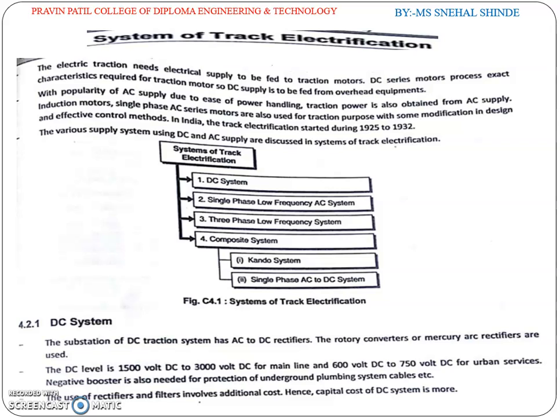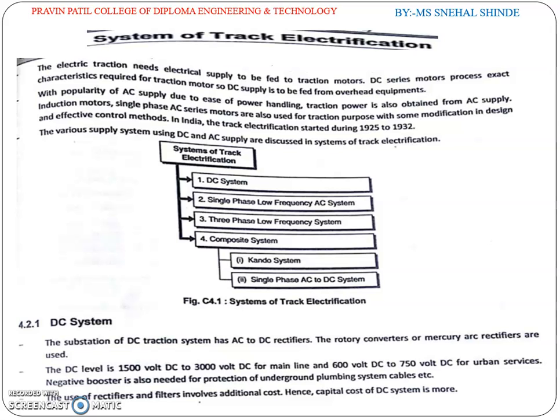Saving in the substation. Then large spacing between the substations. Substations used are simple and cheap. Capacity of AC substation is higher than the DC substation.